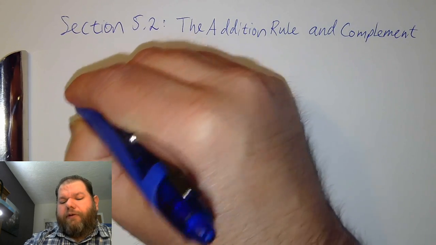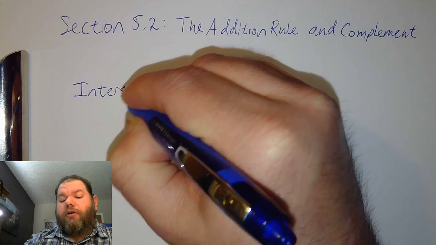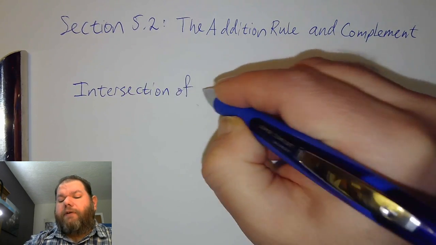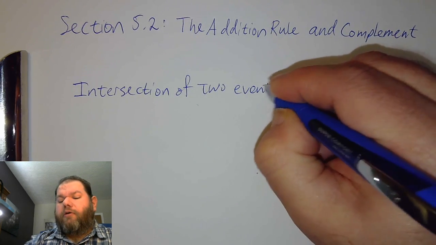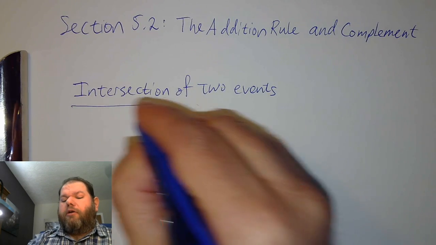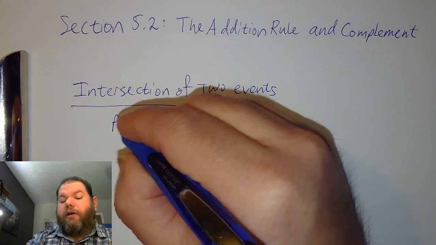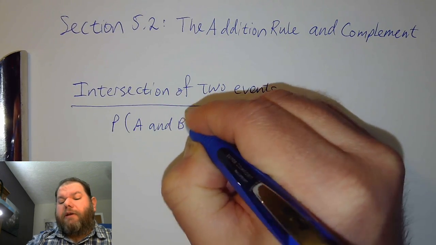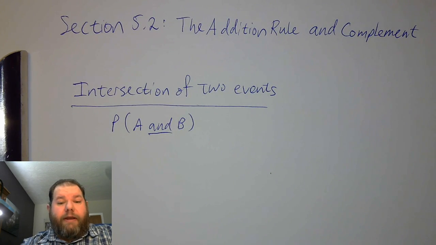First of all, before we dive into the addition rule, let's look at the intersection of two events. The language that we like to use here would be, for instance, the probability of A and B. The key word there is that we have "and" between the two events in parentheses.